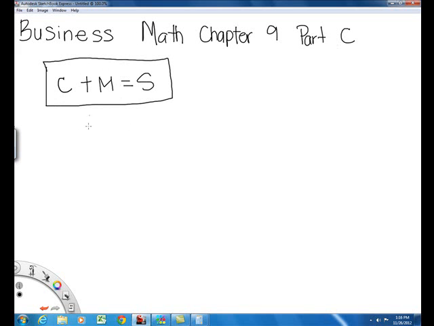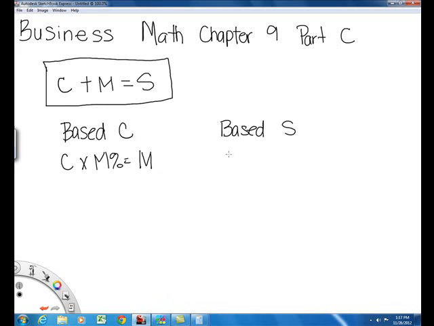Now we've learned that when it's based on cost, we can also take our cost times our mark-on rate and get our mark-on amount. Well, the same thing holds true when it's based on selling price.